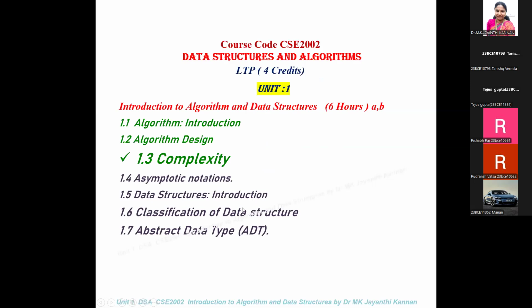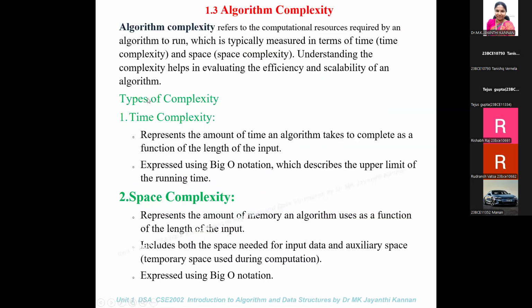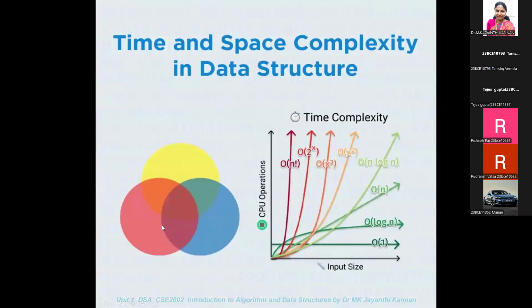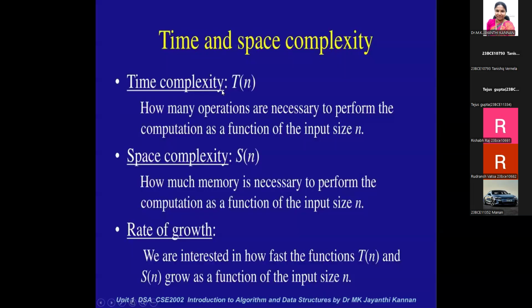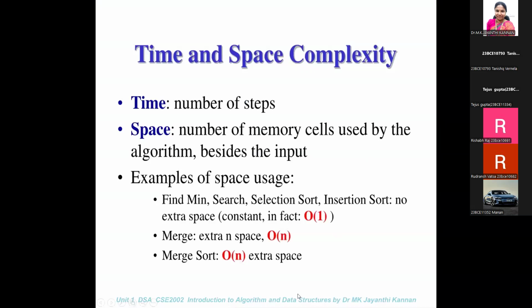Then the next topic is complexity. The complexity is measured in terms of time and space complexity. The complexity may be constant, logarithmic, linear, exponential, quadratic and recursive. Time complexity is represented as T(n), and space complexity is represented as S(n). Rate of growth means how the cost progresses.